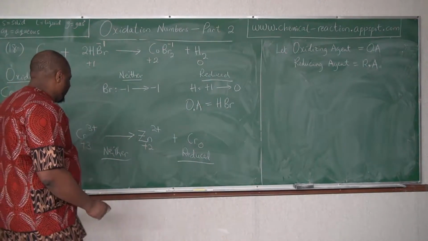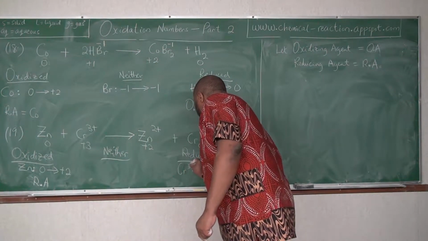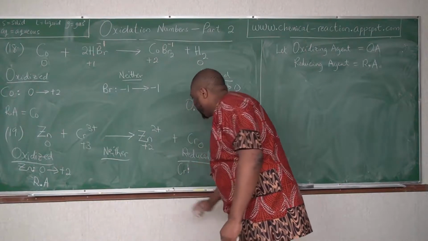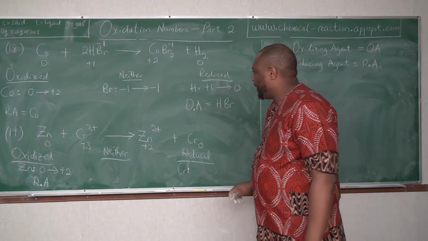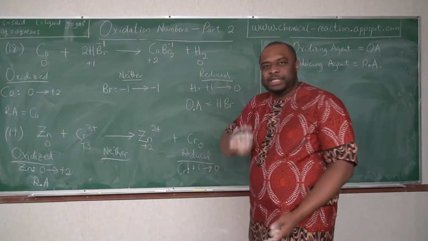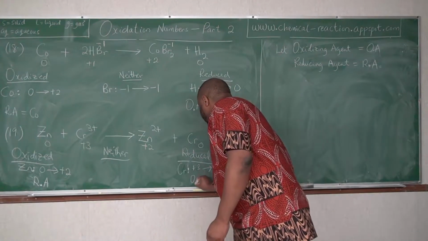Now reduced is chromium, chromium 3 ion. Just write the atom. Chromium, and this is from plus 3 to 0. It's reduced, so it is the oxidizing agent.